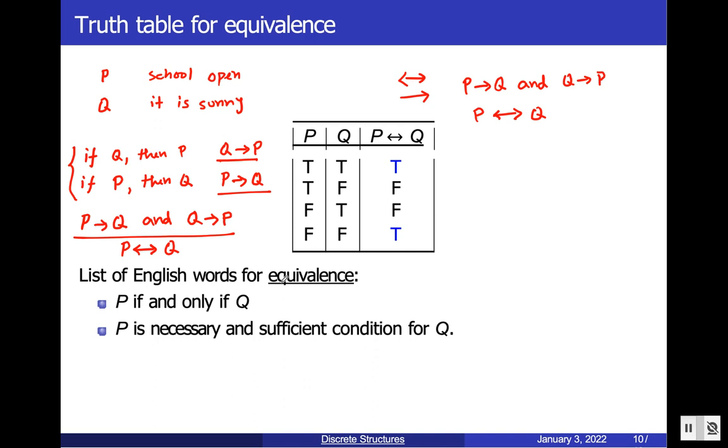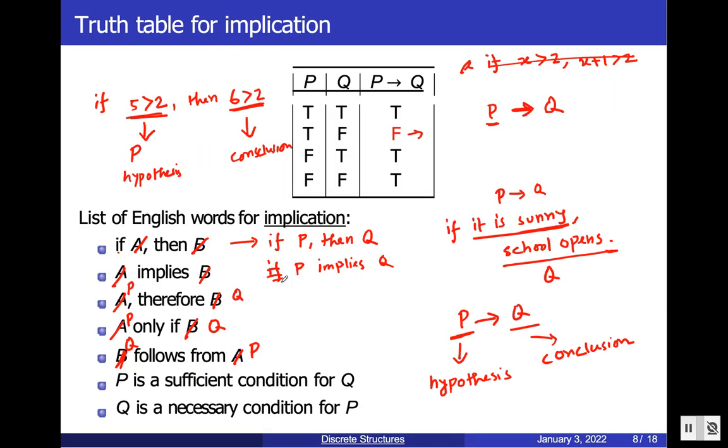All right, so now you can think about the difference between single implication and double implication. In the single implication, we know that if it is sunny, school opens. But if it is not sunny, we actually do not know what happens. We didn't check the condition of what happens if P is false.